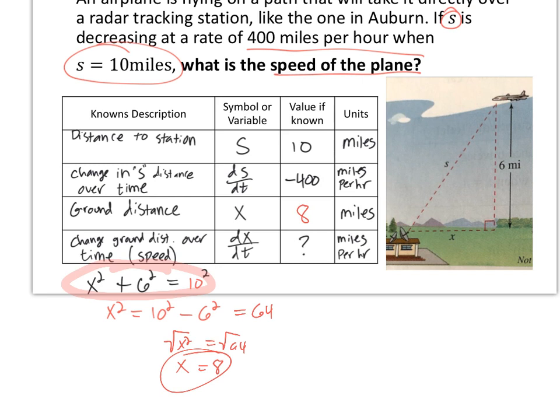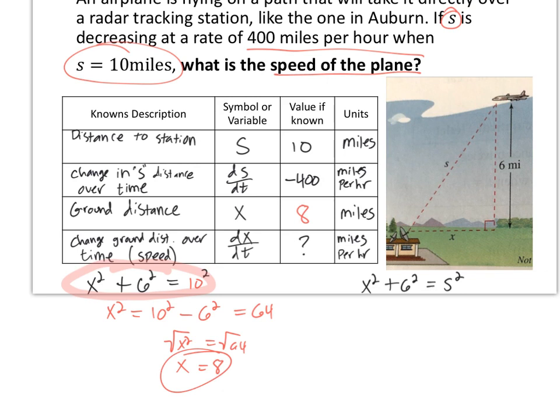So I have to be really careful here. I know that x squared plus 6 squared equals s squared is going to be something valuable for us, because when I take the derivative of this over a period of time, the derivative of x squared is going to be 2x dx/dt, and the derivative of s squared is going to be 2s ds/dt.